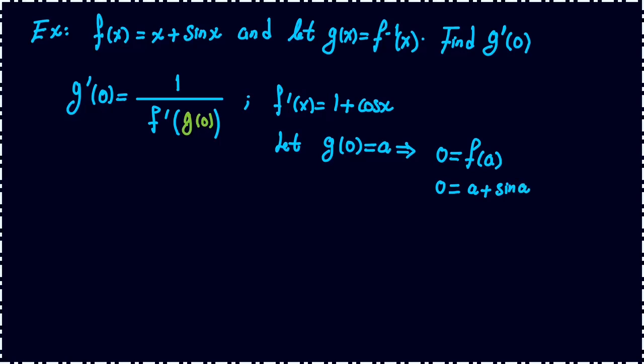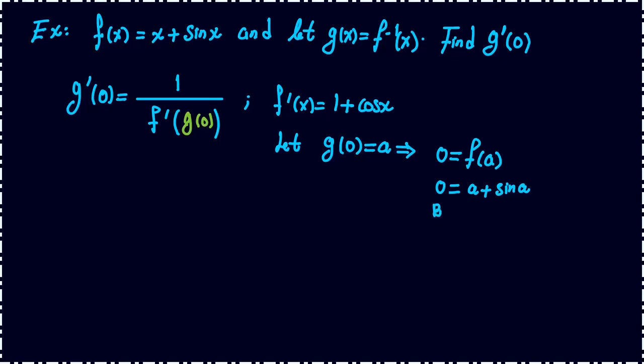Please don't try to use algebra or trigonometry to solve this equation. You just have to guess. This is called solving by inspection. What do I plug in for a to get 0? And hopefully the answer is obvious. The a must be 0 because we know that sine of 0 is 0, and if you add that to 0, you get 0.